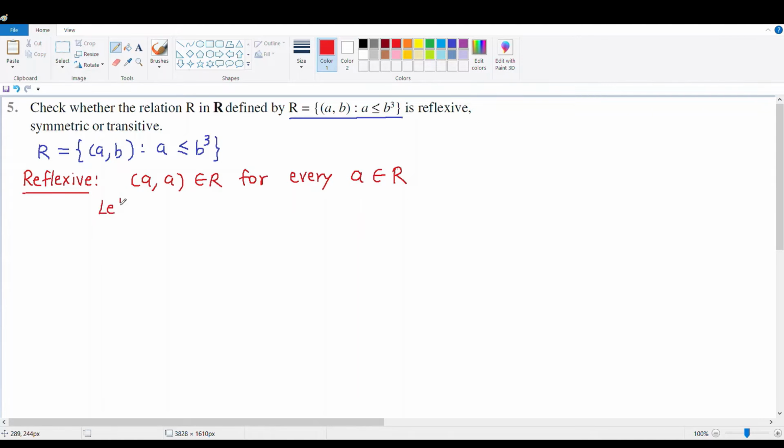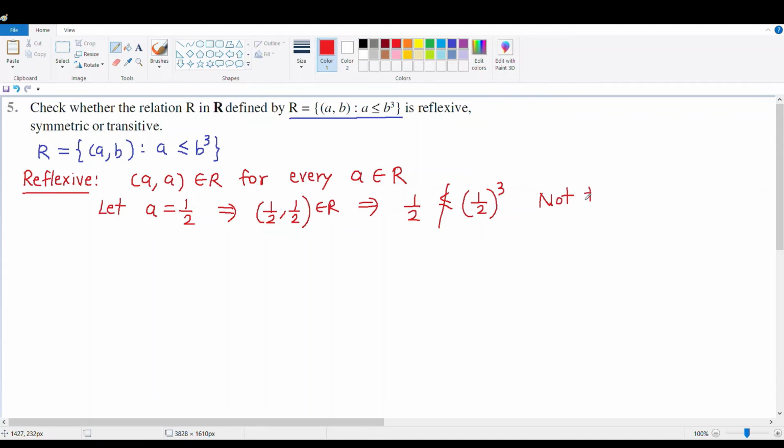Why? Let's check. If I take some fraction for a, like 1 over 2, 1 over 3, 5 over 6, some fraction between 0 and 1, let's take 1 over 2 for now, that is going to prove it wrong. Because if a is 1 over 2, we are saying that (1/2, 1/2) belongs to R, and that means 1 over 2 is less than or equal to (1 over 2) cube. But this is not true.